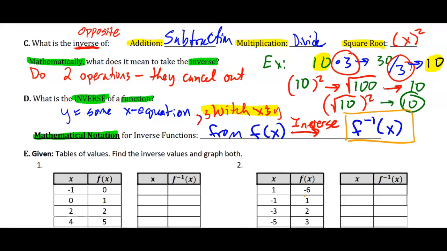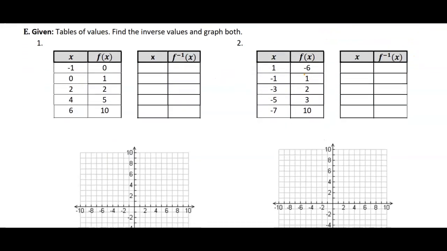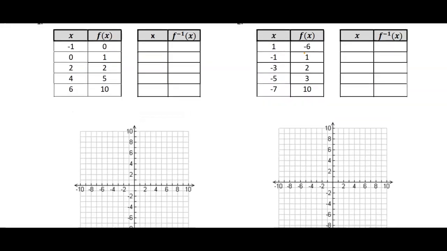All right, what does that mean on a graph? Well, what that means is that we need to switch the x and the y. So this first one, I'm going to graph in green here.